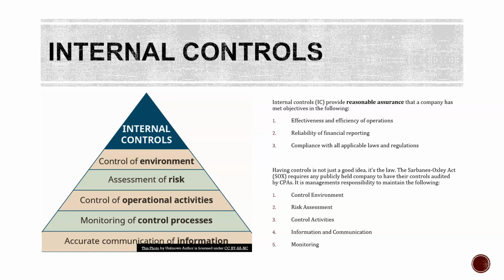Those are all physical control activities. The next one is the information and communication piece. That's pretty self-explanatory. It is exactly what it says. Are you communicating? Are you providing information? If you're not communicating this stuff, it isn't easy for your employees and for everybody in the company to follow these guidelines that you're setting forth, to really follow these internal controls.